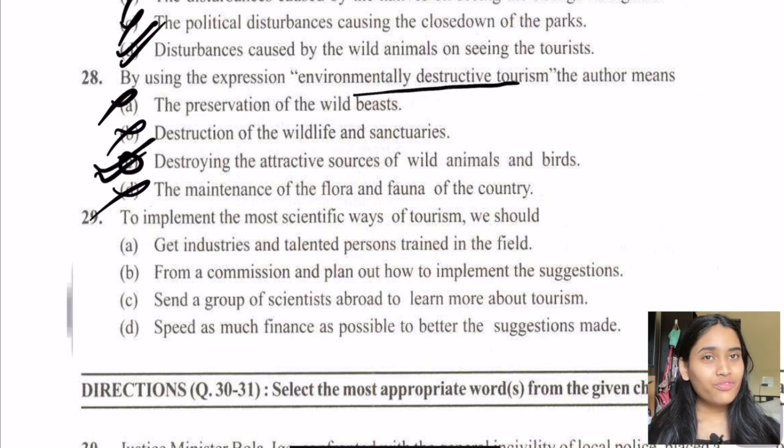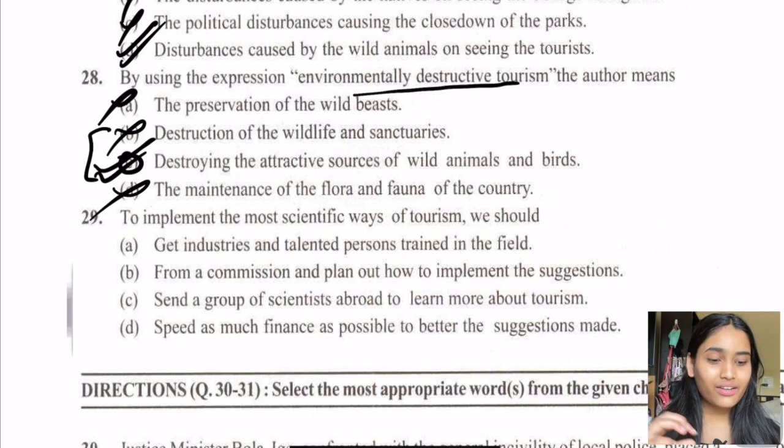Now you could obviously argue over here that B and C are relatively close. Why didn't I just choose B? The thing is, while we're solving these passages, if there is a question where you feel there are two correct options, we're going to go for the most detailed one.